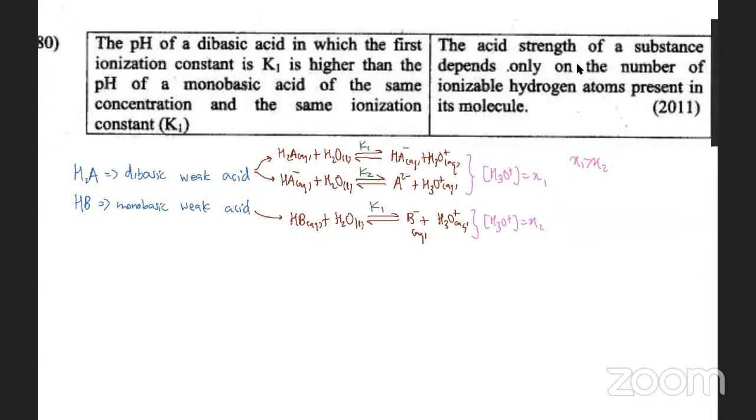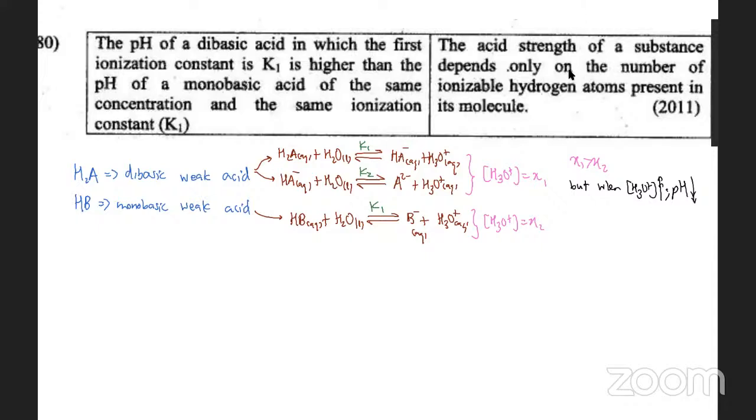If X1 is bigger than X2, what is the conclusion? When H3O plus concentration increases, pH decreases.